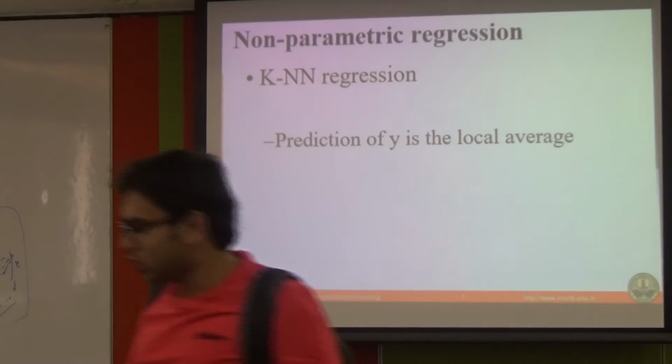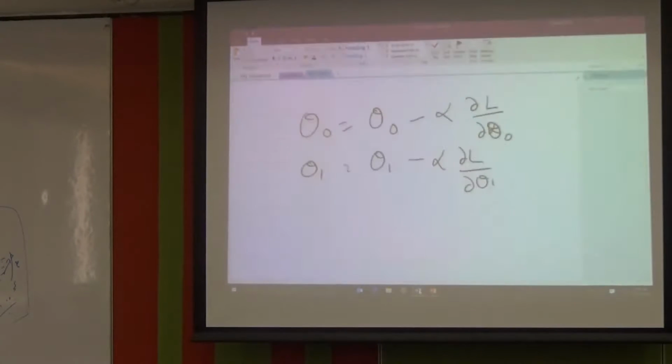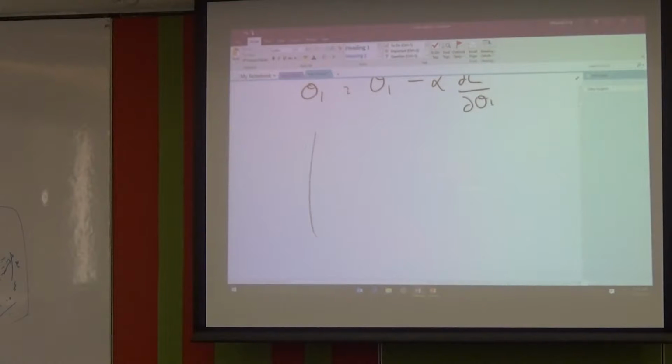Can I not use k nearest neighbor? So all I am saying is, you have given me points like this. This is my data. So now you want a y value here, right? I will take the average of the y's of these 4.